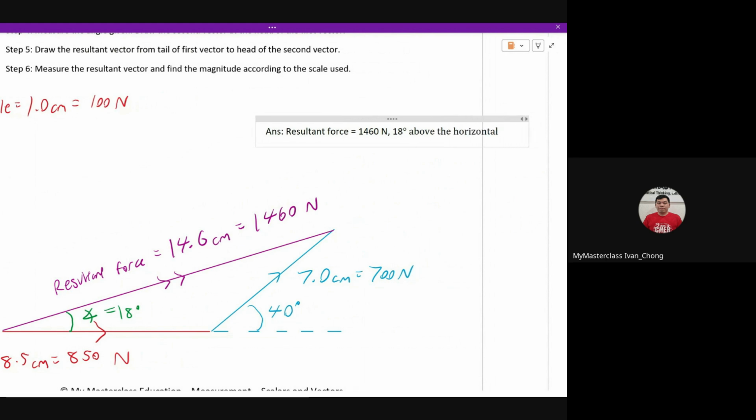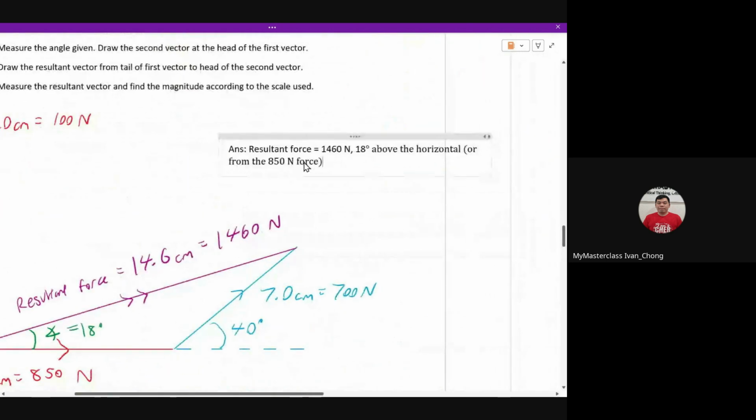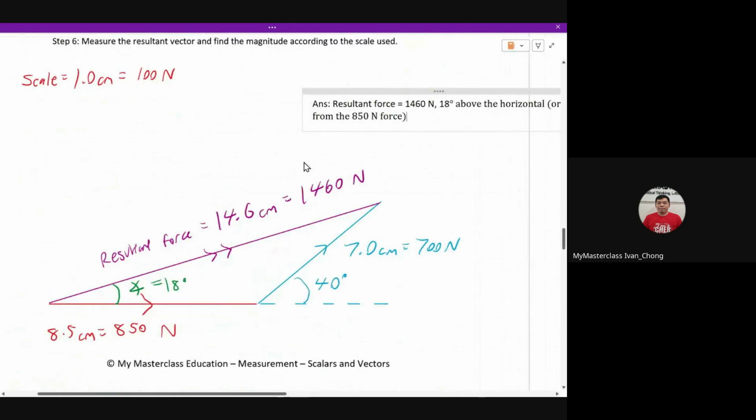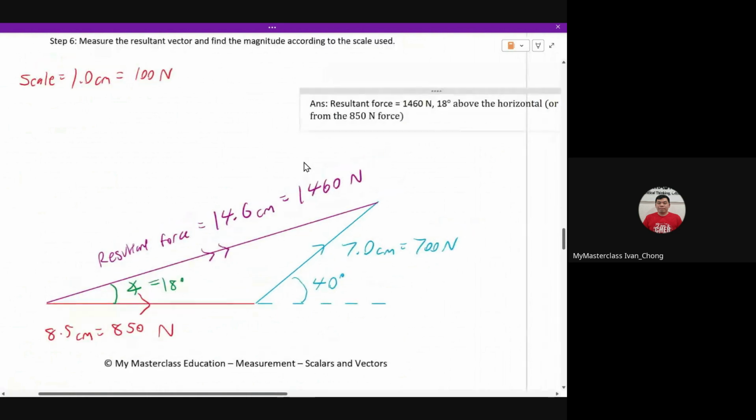Okay, or you can also say 18 degrees from the 850 newton force. Also can. Both methods work. Can you understand? So basically, you just want to have a reference point that the teacher can understand what you mean from that. Okay, so you can write this is your final answer over here.